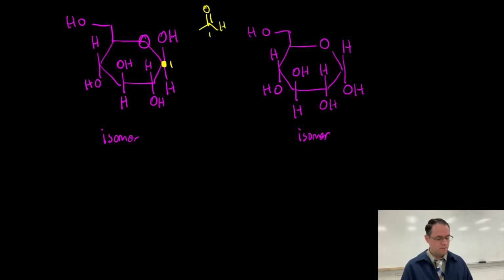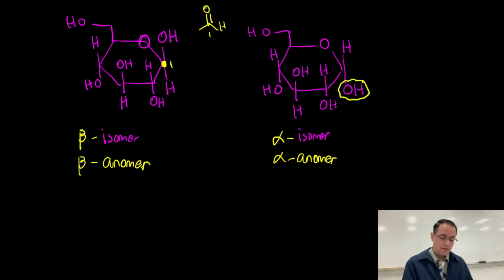stereogenic center. Okay, this one here is called the beta isomer or the beta anomer. Okay, and this molecule on the right is the alpha isomer or the alpha anomer. Okay, the alpha anomer has the OH group pointing down. The beta anomer has the OH pointing up.